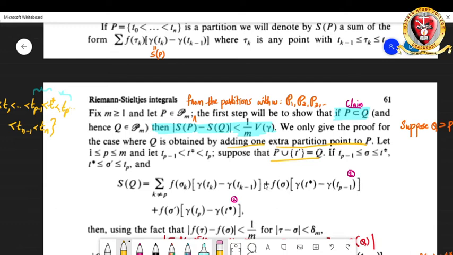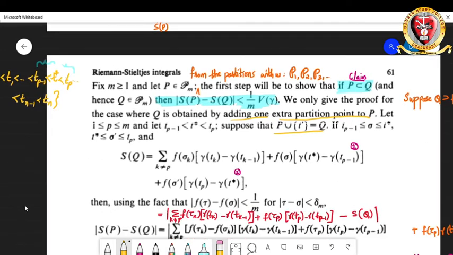So we are taking plus f of sigma into gamma of T star minus gamma of TP minus 1, the extra first term, plus f of sigma dash into gamma of TP minus gamma of T star. Okay, that is very simple from there. Note that the first term and the second term here, the extra terms, are coming just because we had added one more partition point to the partition P for Q, right?